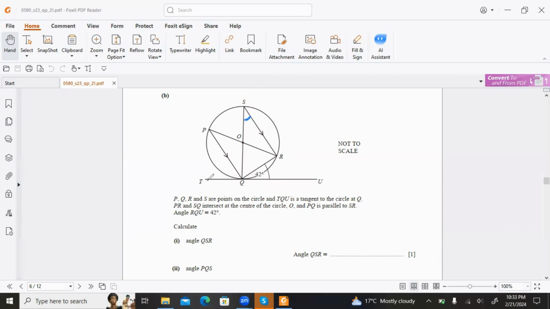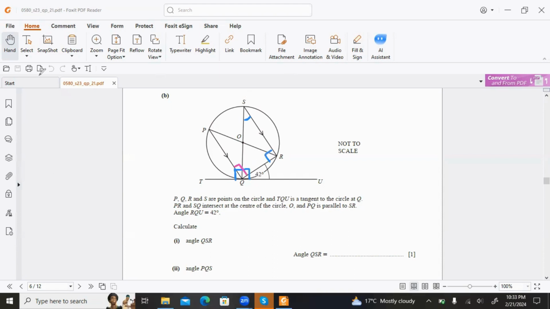We already know that when a tangent touches the radius of a circle, that angle is 90. Both these are 90. And when an angle comes out of the diameter, this angle is also 90, and this is also 90, just by the way.